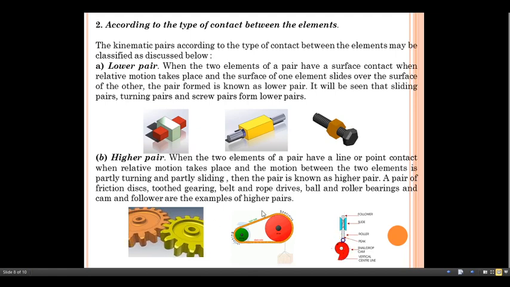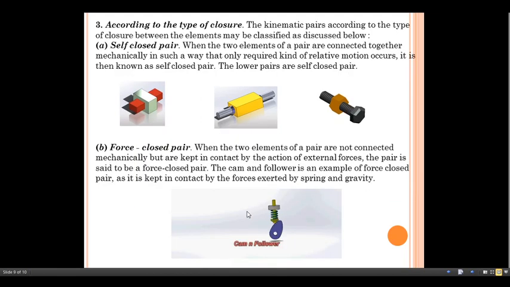The same case with belt as well as rope drives. Then the same case with the next one, cam and follower. These examples come under the higher pair.